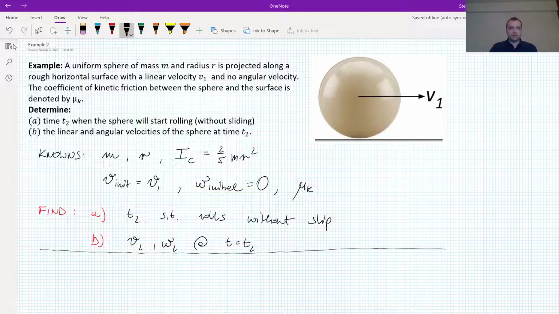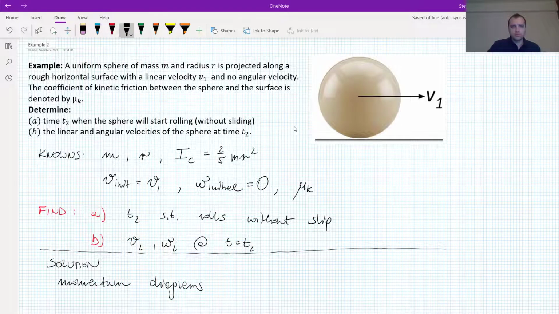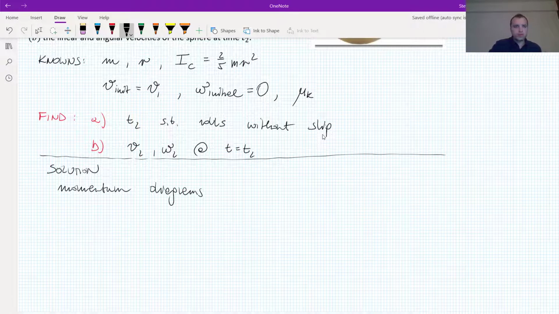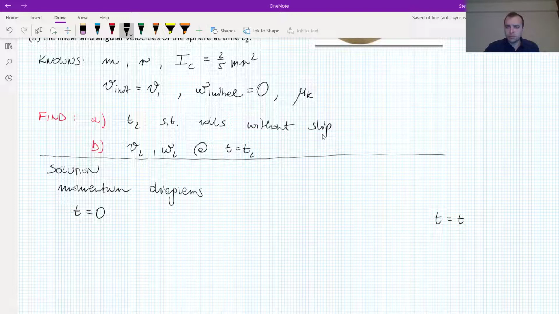Okay, so let's start our solution. Let's start with momentum diagrams. I will show you what happens at time instant 0. I will also show you what happens at time instant t2.